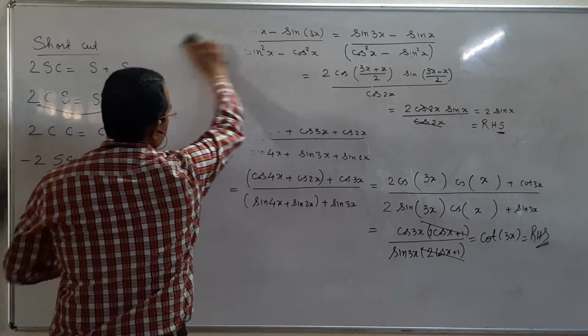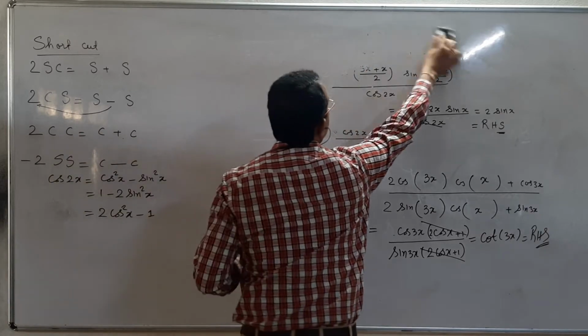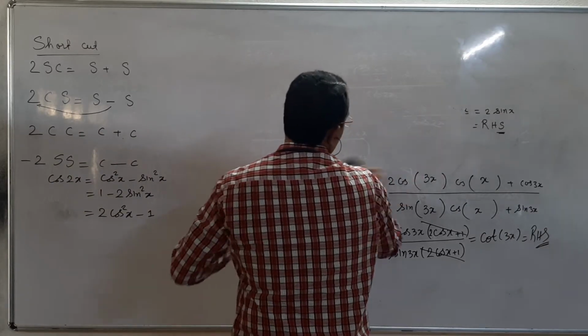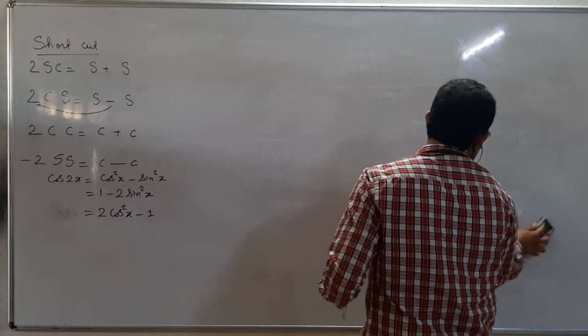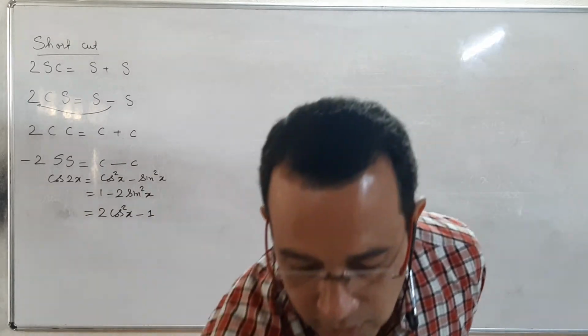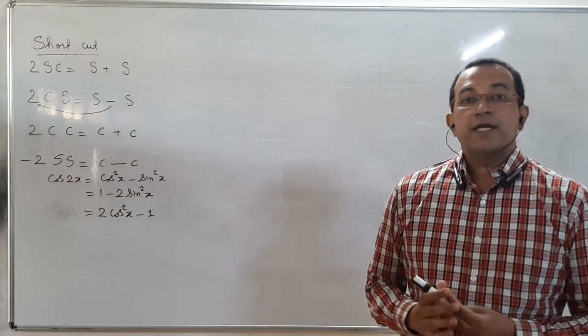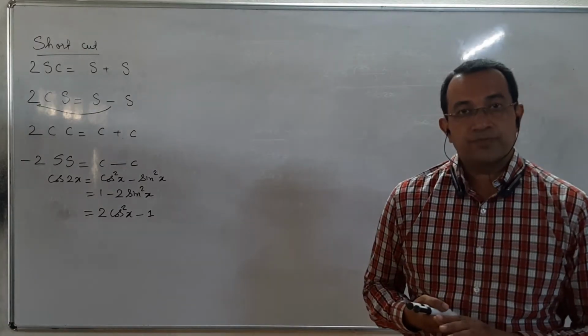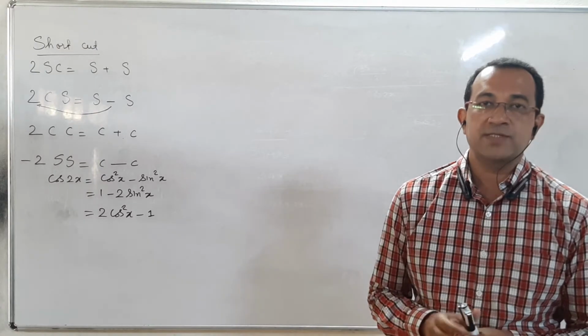Now students, sum number 22. Sum number 22 is a special type of sum. And students, we have to be very careful about sum number 22. We are developing the sum from the basic formula of cot x plus y.